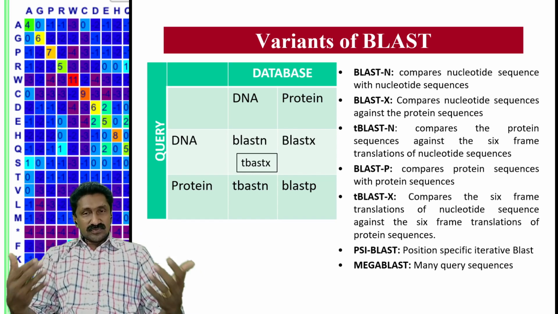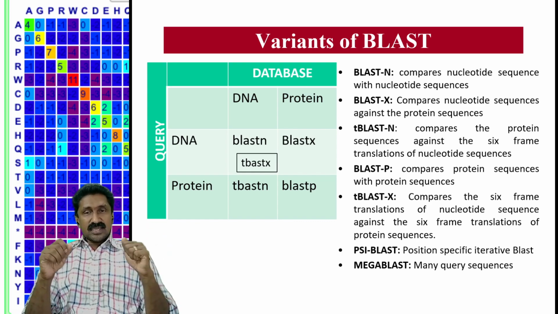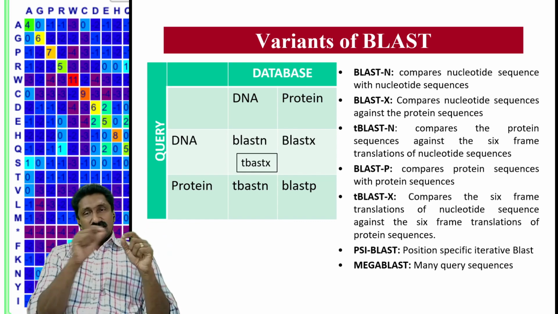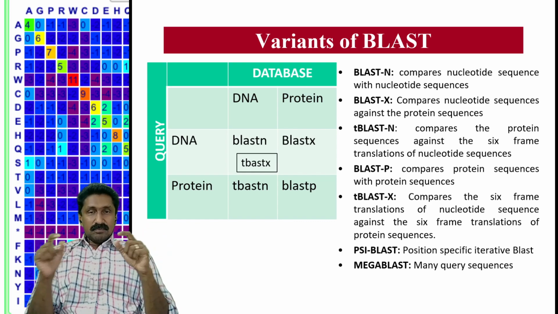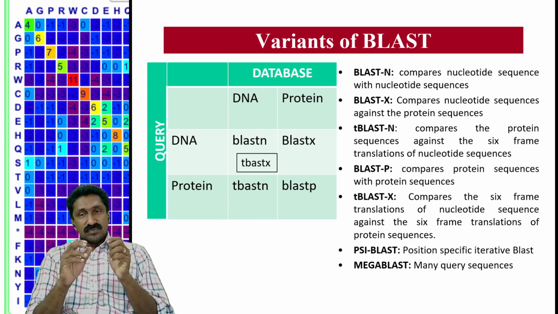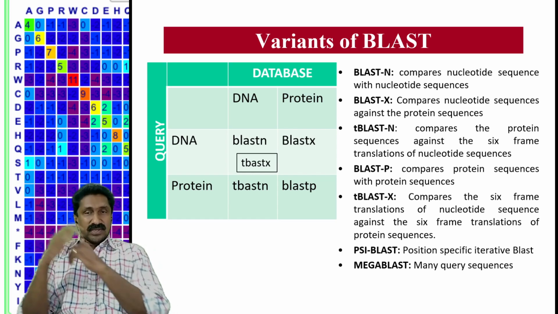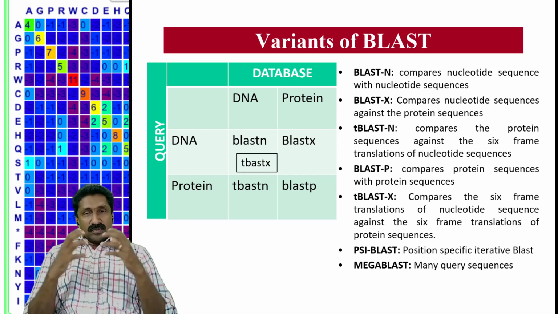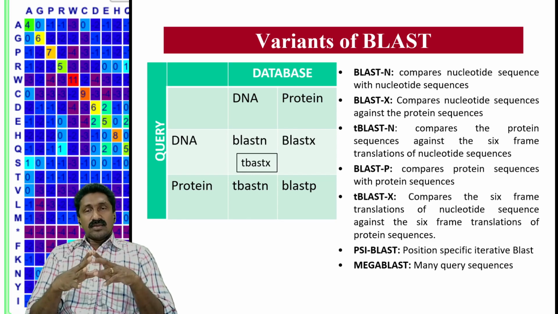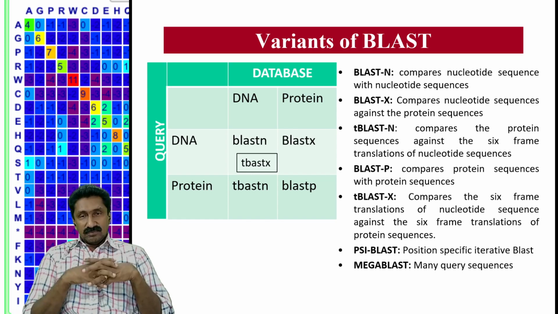All the possibilities of translation means that both strands of the double-stranded DNA can be translated, each using 3 possible reading frames. So for a computational translation you have 6 possible reading frames.